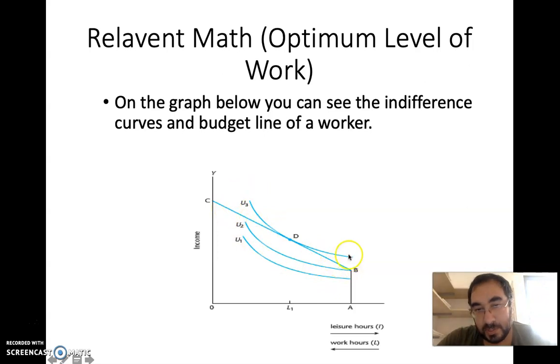Basically, these options in the middle might not be available for our worker. In that case, he will compare the points that are available for him. But in the most basic model, as you see, we assume our worker is able to choose the optimum working time from his or her perspective.